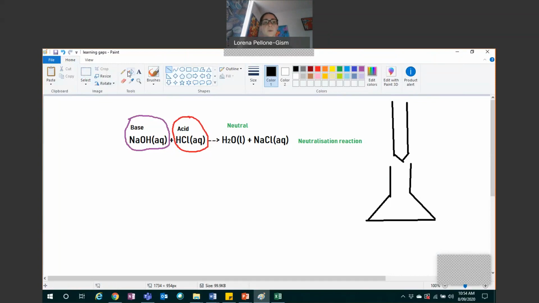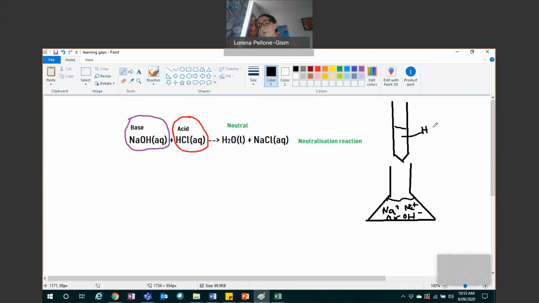So what you can think of is, let's say we start off with sodium hydroxide in the conical flask. What that will look like is, for simplicity, we have 2 Na plus ions and 2 hydroxide ions. And then in the burette, we've got HCl.